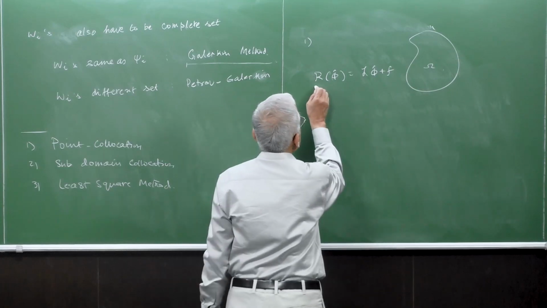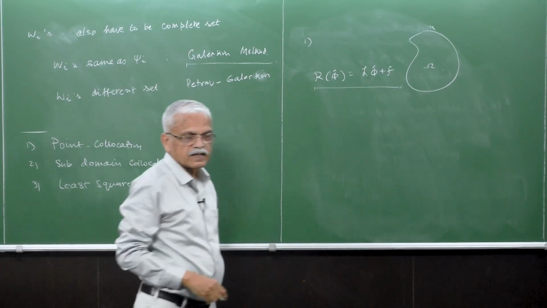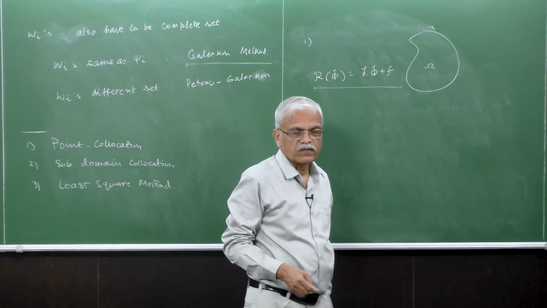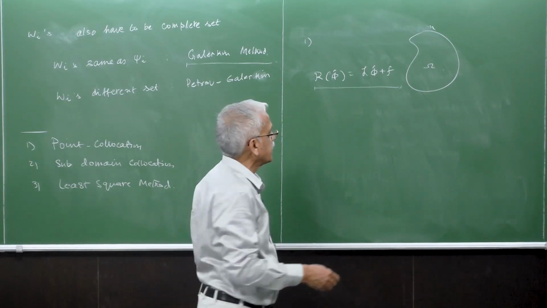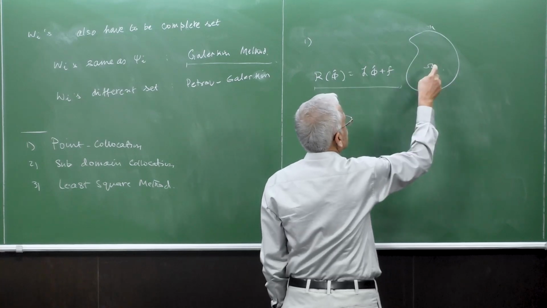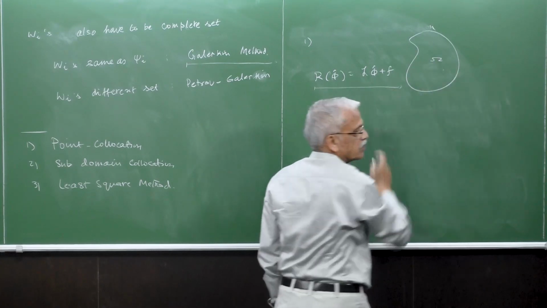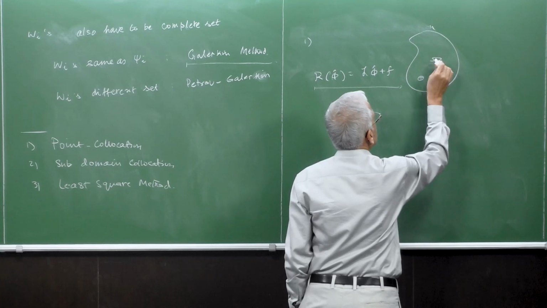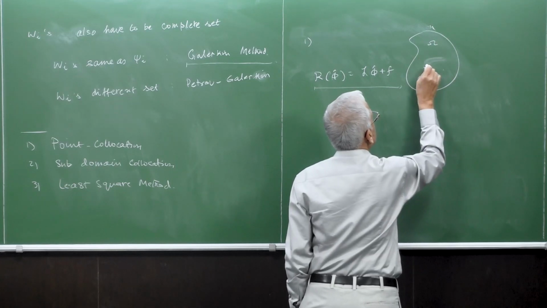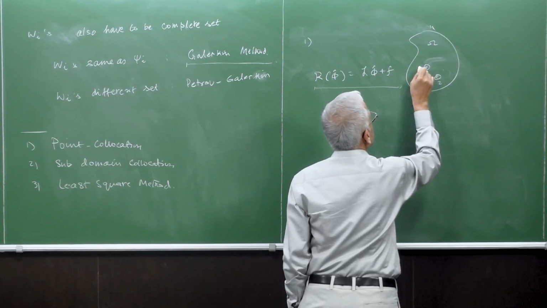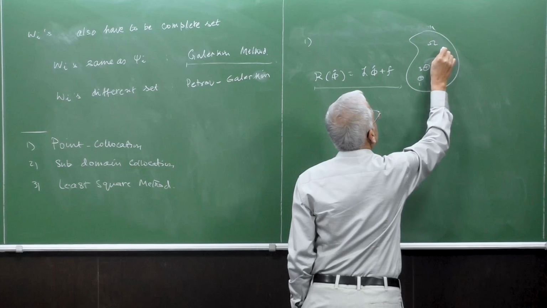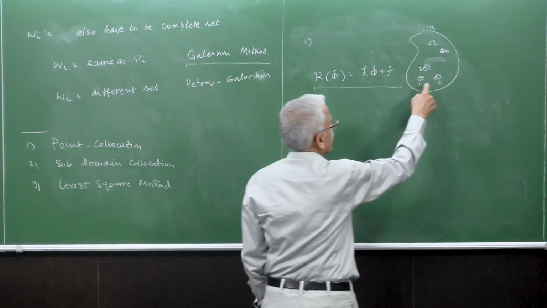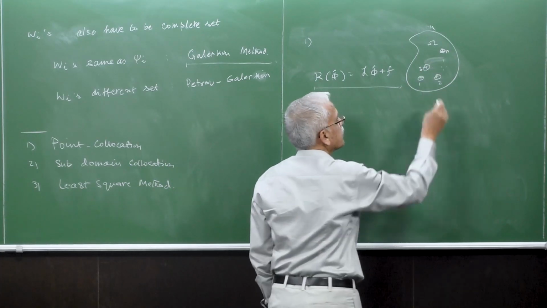And then if you want to get the n equations, one way of doing this, the very age-old method, is that this residual R of phi hat has to be 0 everywhere, but since we have only n terms here, we choose n well-spaced points, 1, 2, 3, and so on up to n, say x1, x2, x3, and all the way to xn.